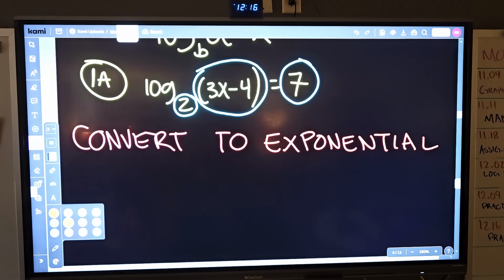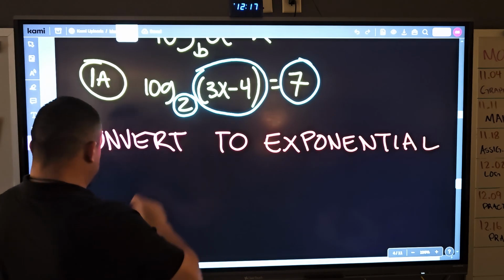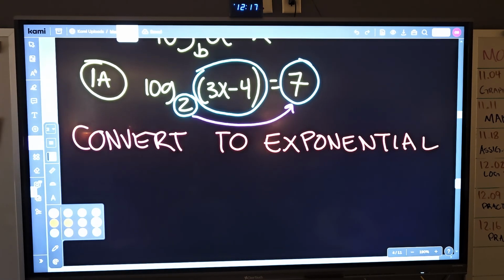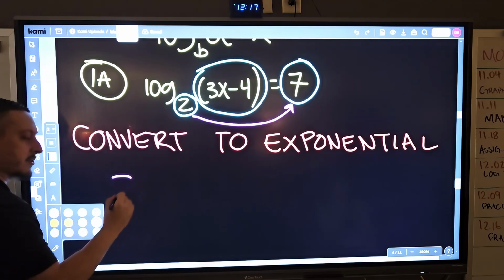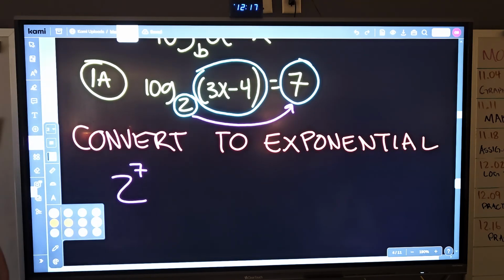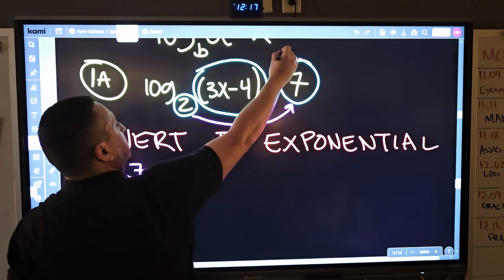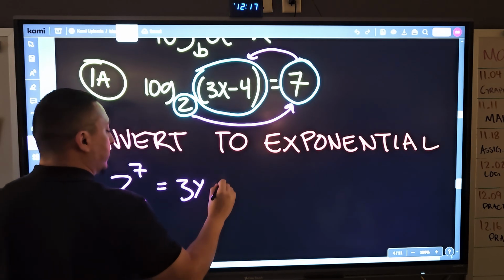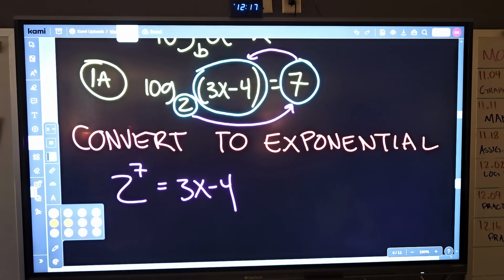That was the purpose, so that we could get here. Remember the arrows? You do this to this. So it's 2 to the 7th power. That's how you convert to exponential. And then it circles back, equal 3x minus 4. That's exponential, and you just follow the arrows.